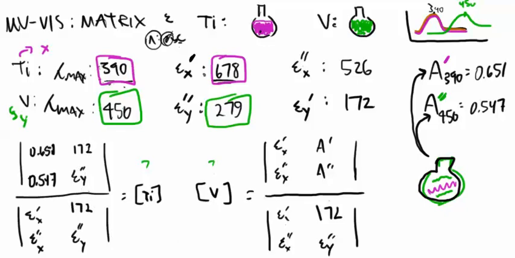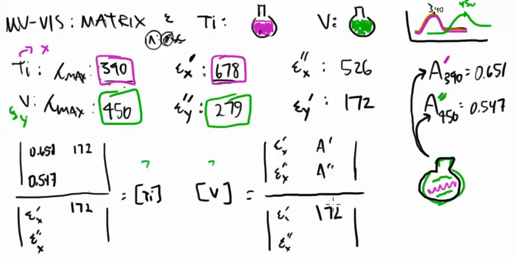In the next component, we see E double prime Y. Here's E double prime Y, and here's E double prime Y, so those are going to be the same. And over here in this matrix, here's E double prime Y. So I'm going to plug in that number there as well. It goes in all three spots.